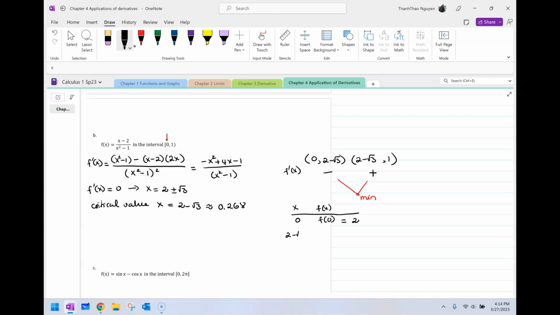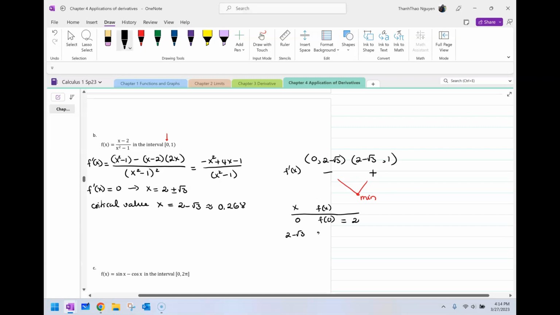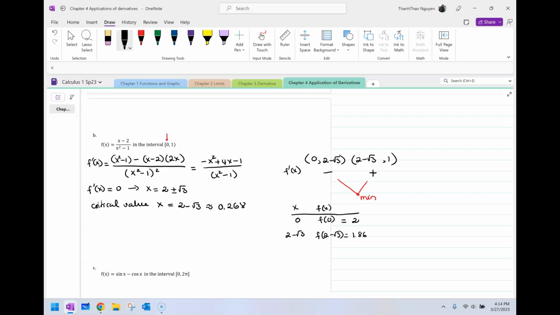And at 2 minus root 3, we plug that into our calculator and we should get a value of about 1.866. So in this case we have an absolute max, because the function is increasing without bound. So here we have a local max at 2, and we have an absolute min.